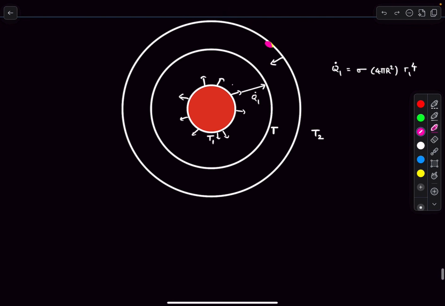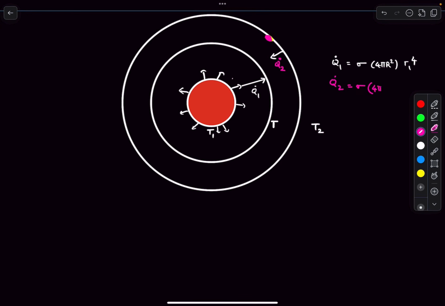So now let's say the outer shell emits radiation at a rate of Q2 dot. So Q2 dot is simply sigma times the area of the outer shell, which is 4 pi into 3r whole squared, times T2 to the power 4. Okay, so this is the total radiative heat transfer rate from the outer shell. So now the thing is, what fraction of this Q2 dot is actually intercepted at the middle shell?